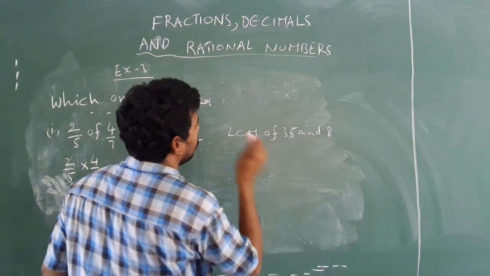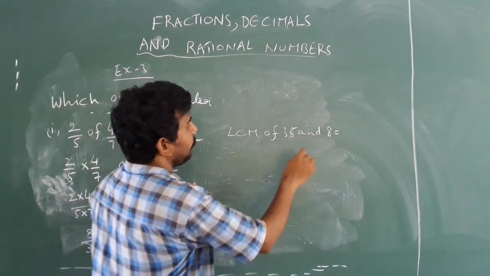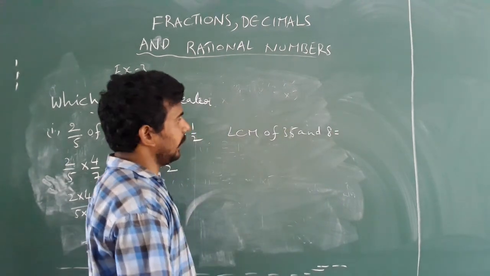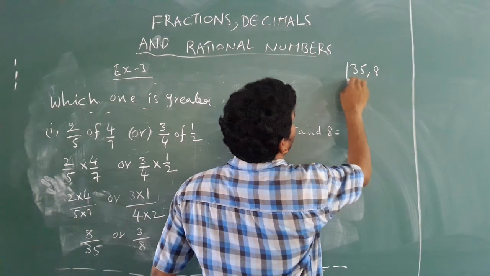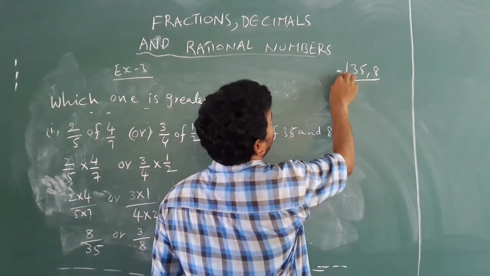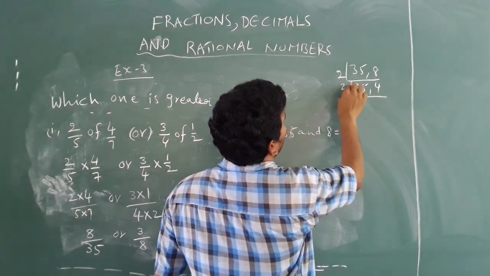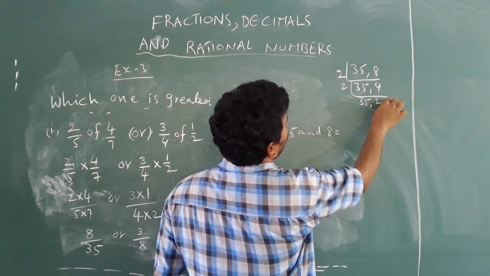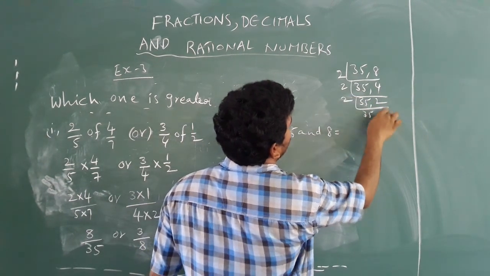35 and 8. So take 35 here, 35 and 8. Which table, children? Even or odd? So take 2. 2 35 4. 2 table 35 2, 2 table 35 2 1.